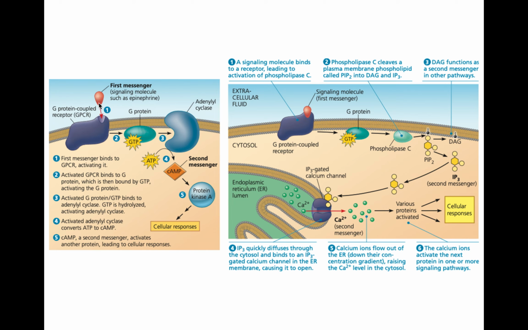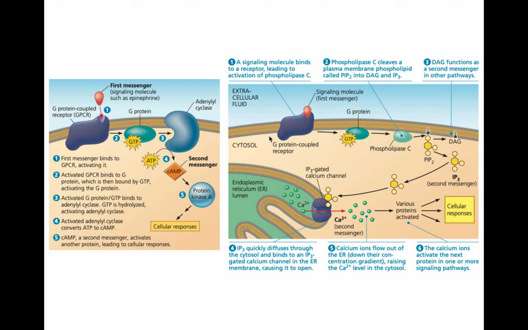You've got the first messenger, which is the actual stimulating molecule, the signaling molecule. The second messenger is something involved in that response that will help amplify the signal. It's typically really small, it can diffuse through the cell really quickly, and it can help amplify the signal quickly.